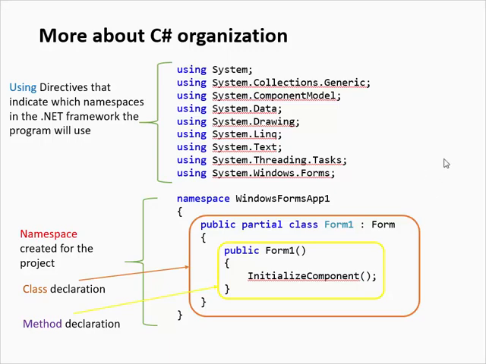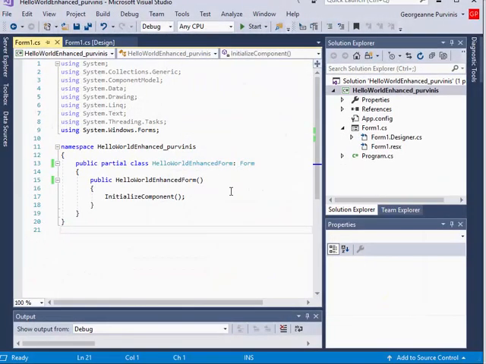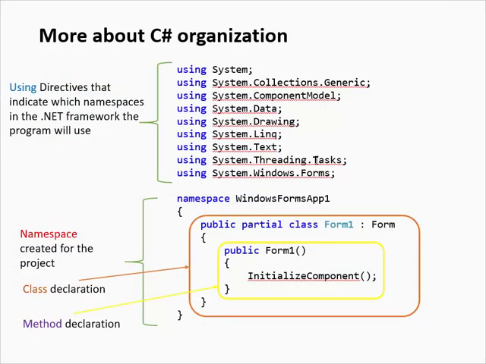Okay, let's talk a little bit more about the code. How is it organized? What's all that stuff in that form that's automatically created? You see a lot of things are already put into your form right from the start before you even write any code. So let's break it down. The things at the top are called using directives.